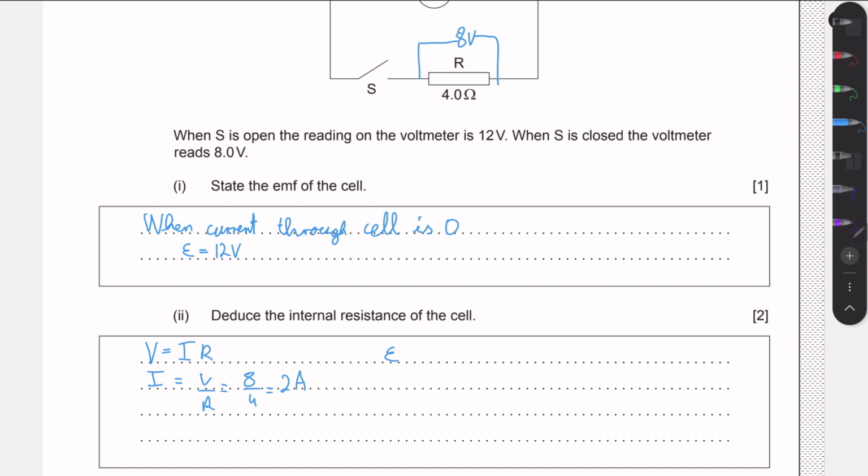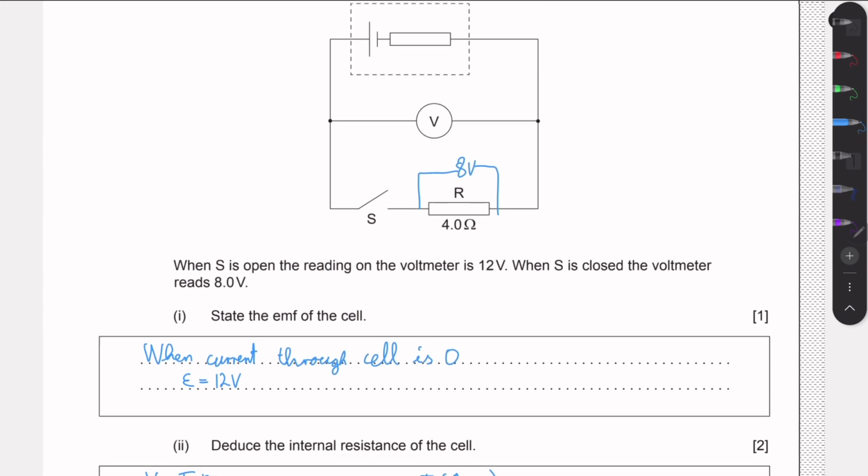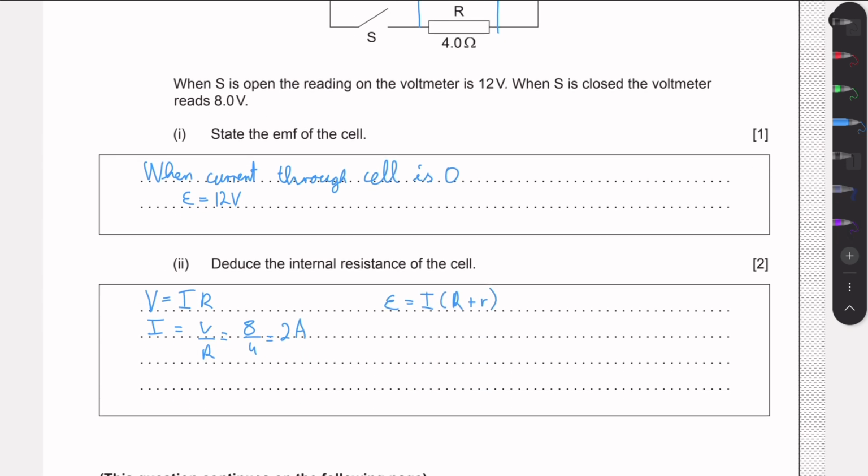So the formula that we can see in our data booklet is that EMF is equal to I times big R plus small r. So from this we pretty much know everything except for small r. So we know that our EMF is 12, our current is 2, our resistance is 4 plus our small r. And well, if we do this, then we will see that the small r, the internal resistance, has to be 2 ohms for this equation to work.